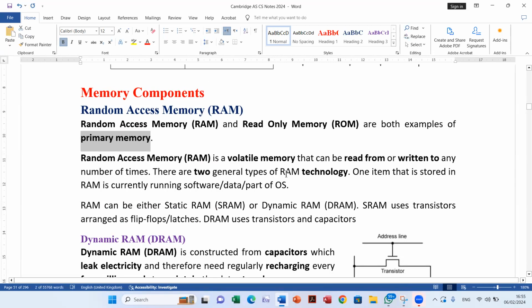There are two general types of RAM technology. They can be static RAM or dynamic RAM.